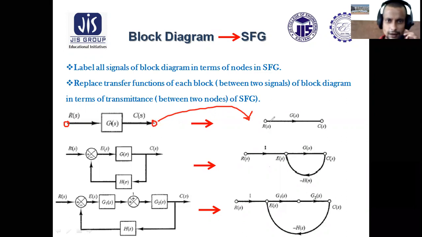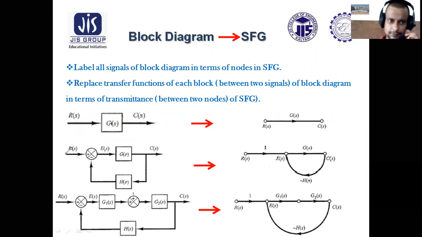So the input node is given here, the output node is given here. In between the input node and the output node, there is a transfer function G(s). This transfer function block will be simply shown by a line joining those two nodes, and the transfer function G(s) will be mentioned on it.